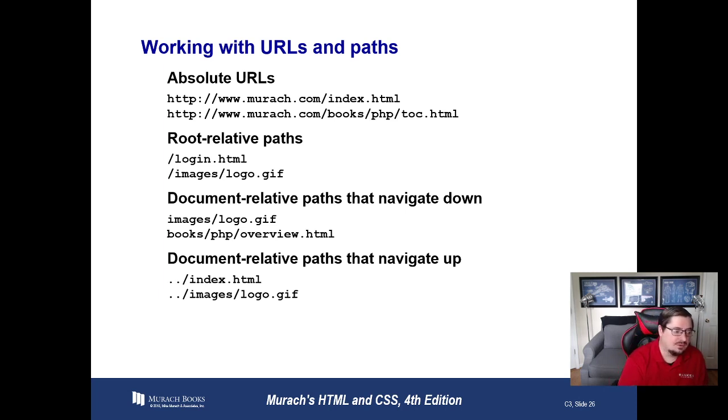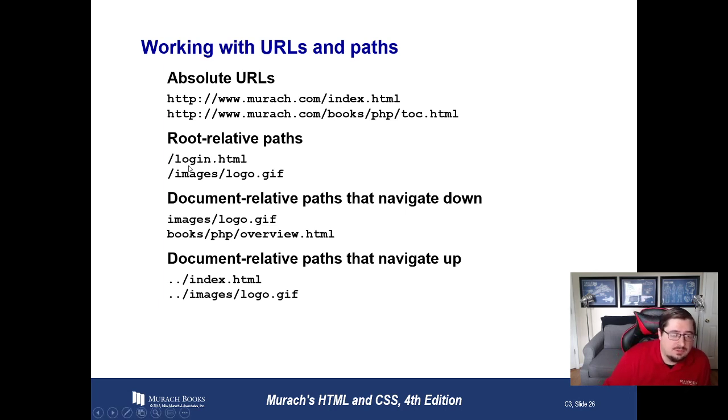And when I refer to those resources, I want to refer to them from that root. Most of the time, that's how I refer to my resources, using root relative. But you don't have to. You can use document relative, but I generally would use root relative and then work around that.